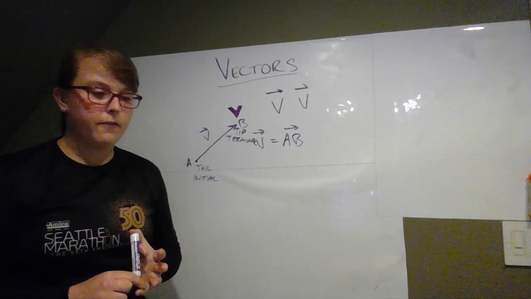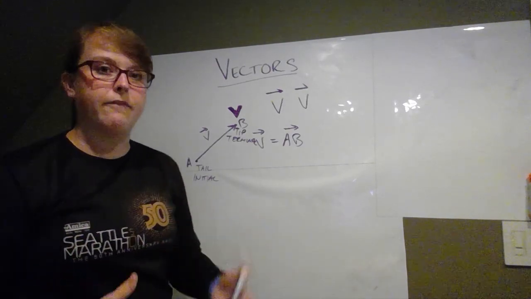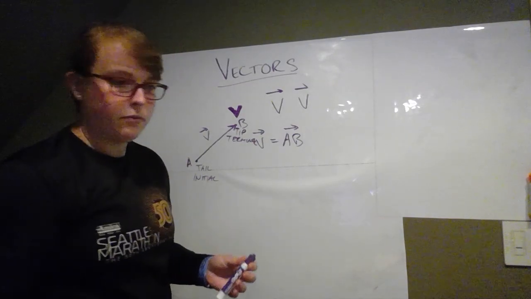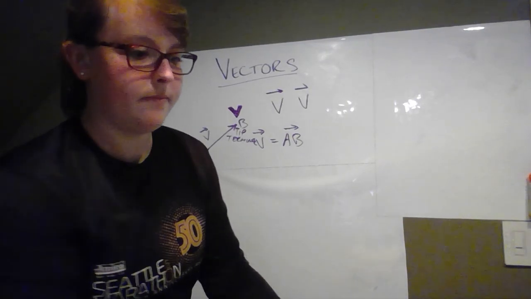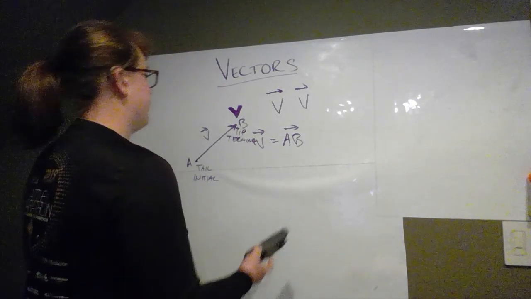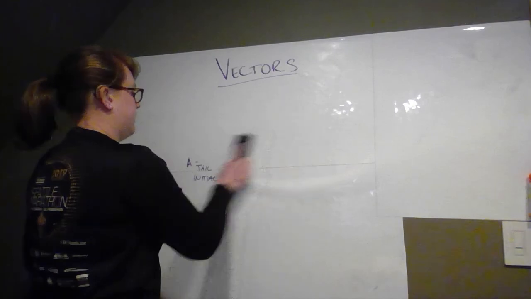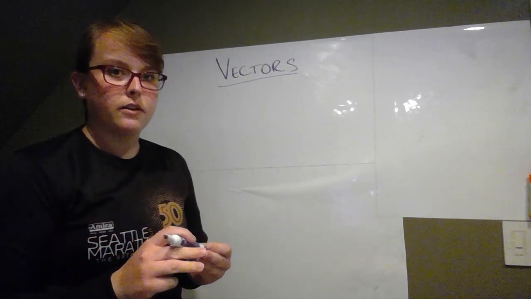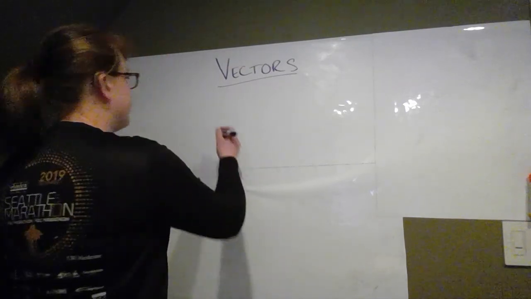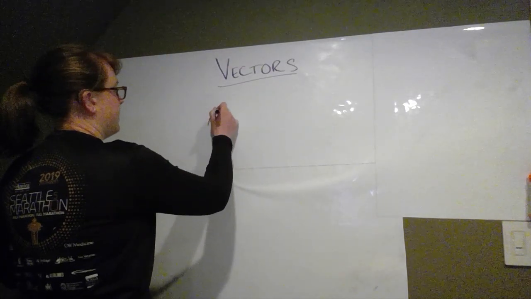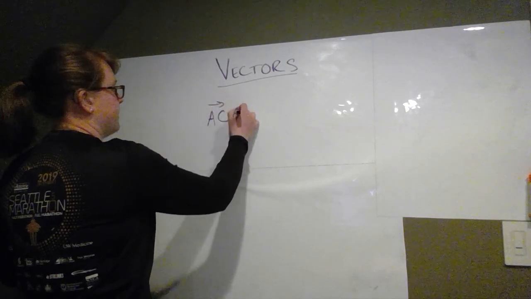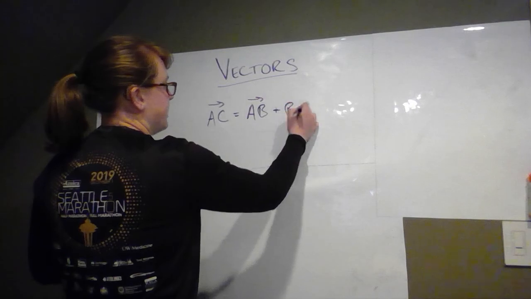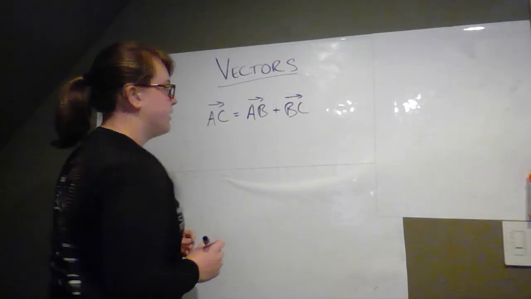Okay, so the first thing we want to talk about is adding vectors. That's what you're going to see a lot in the first part of this chapter. All right. So with vector addition, if you're talking about it in terms of endpoints, we have this concept of vector AC is equal to vector AB plus vector BC.